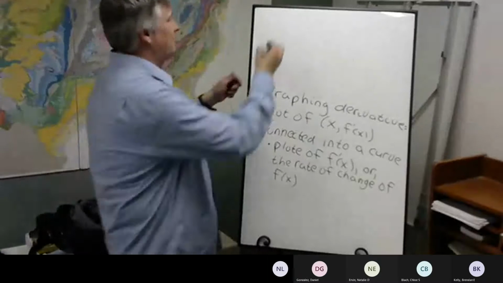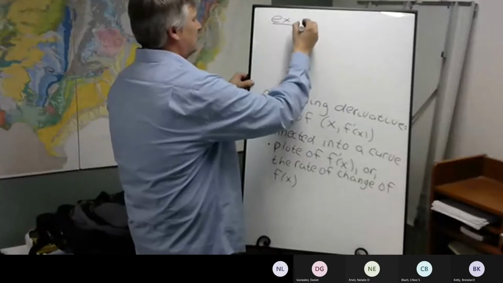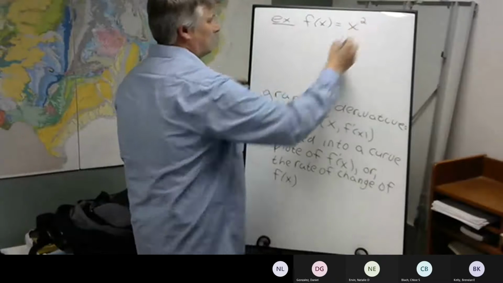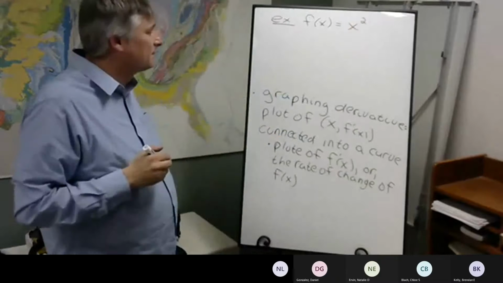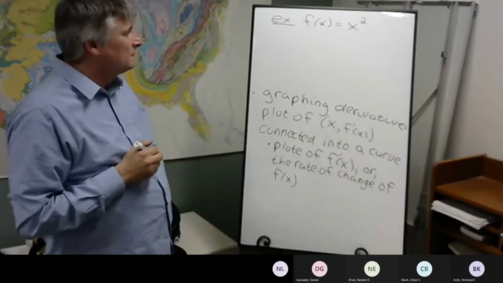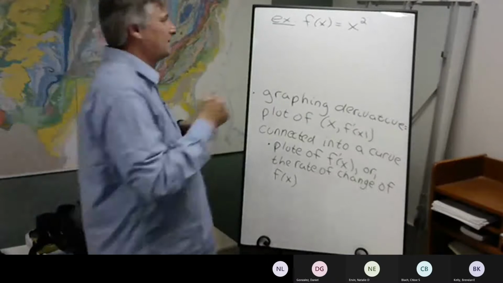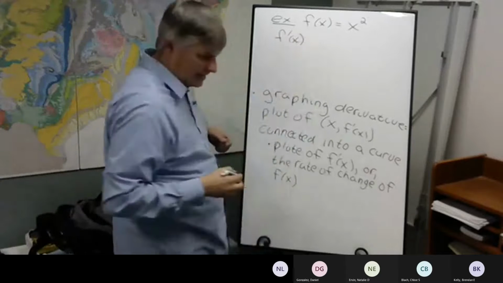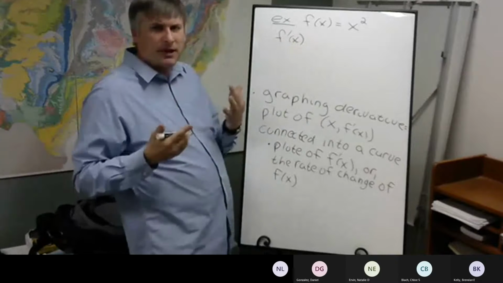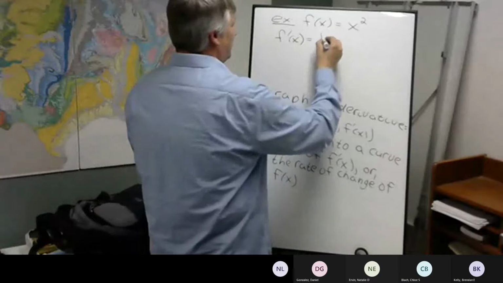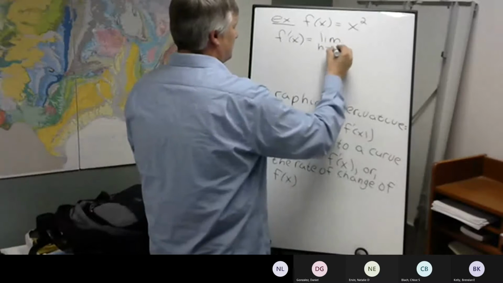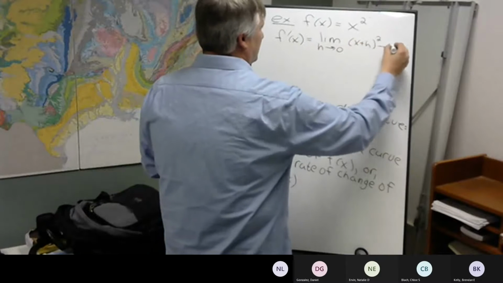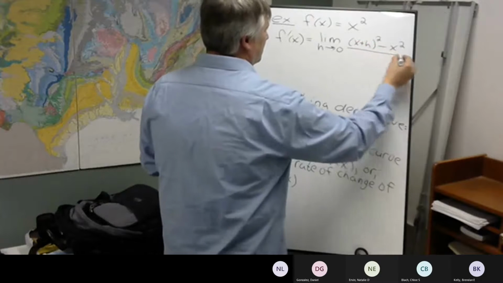So, for example, let's say f of x is equal to x squared. So you graph f prime of x. We could hammer this out, but let's say we go through all the algebra. I'll set it up: x plus h squared minus x squared over h.